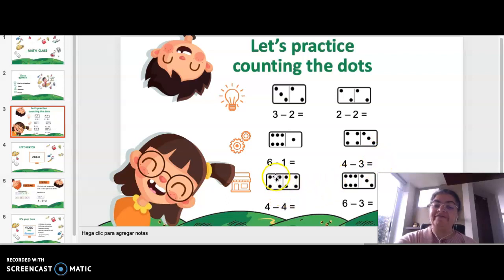What happens if I have 4 here and 4 and I take away 4 more? 4 minus 4 equals, if there are 6 dots and I take away 3, how many dots are left? Remember the vocabulary that we use when we are doing subtractions. Minus, take away, and how many are left?